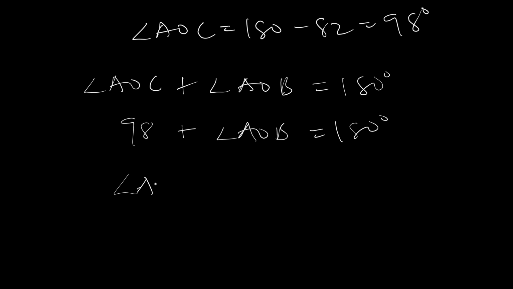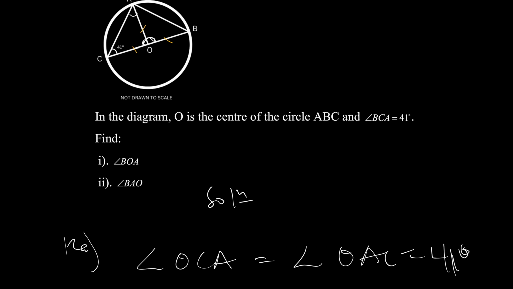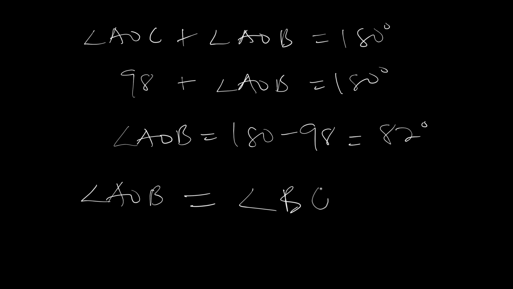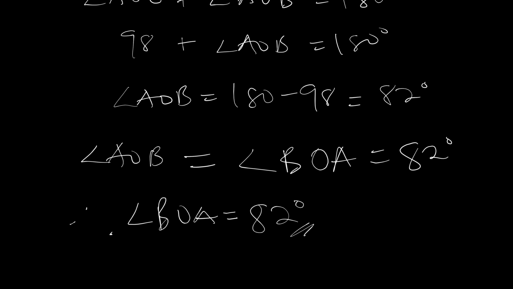So angle AOB will be equal to 180 minus 98. And 180 minus 98 is 82 degrees. So angle AOB is the same as angle BOA, which is equal to 82 degrees. So therefore, angle BOA is equal to 82 degrees.